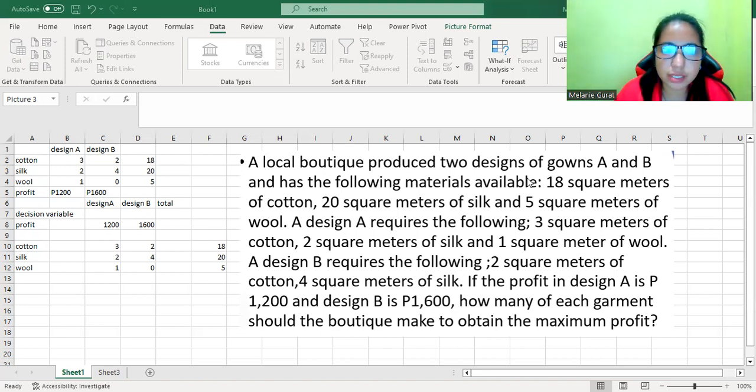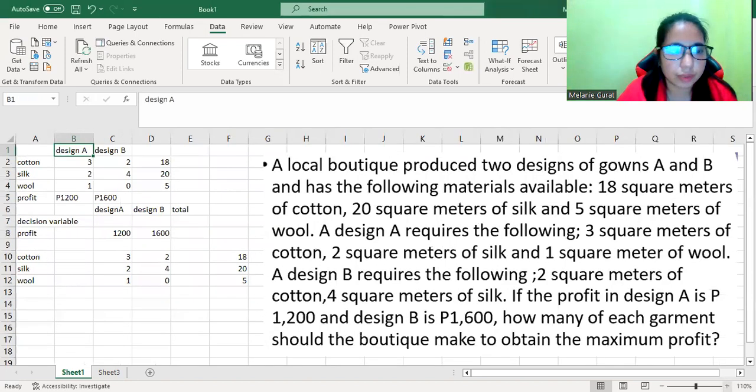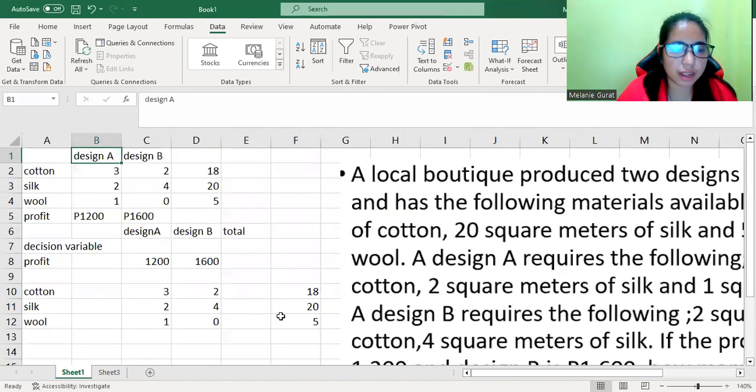So the problem is, a local boutique produces two designs of gown, A and B, and has the following materials. Let's focus here in our encoded data in Microsoft Excel.